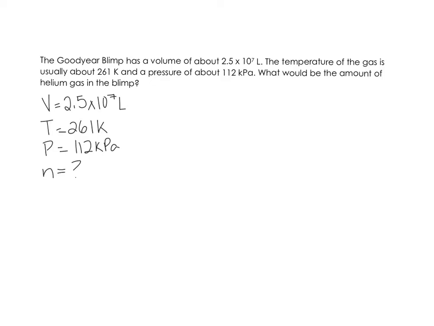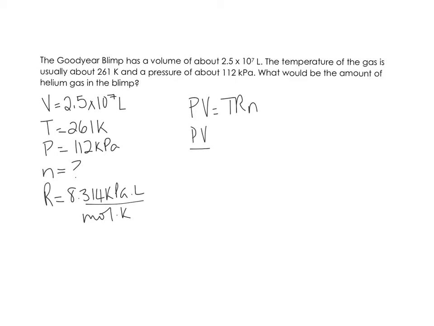So because our pressure is in kilopascals, our R is 8.314 kilopascal liter per mole Kelvin. So we're going to solve for n. So PV divided by TR is n.